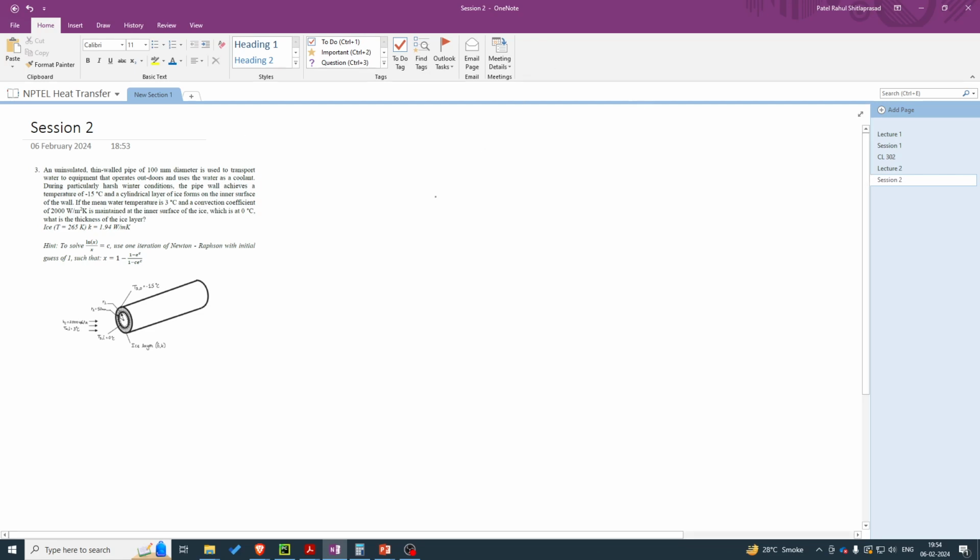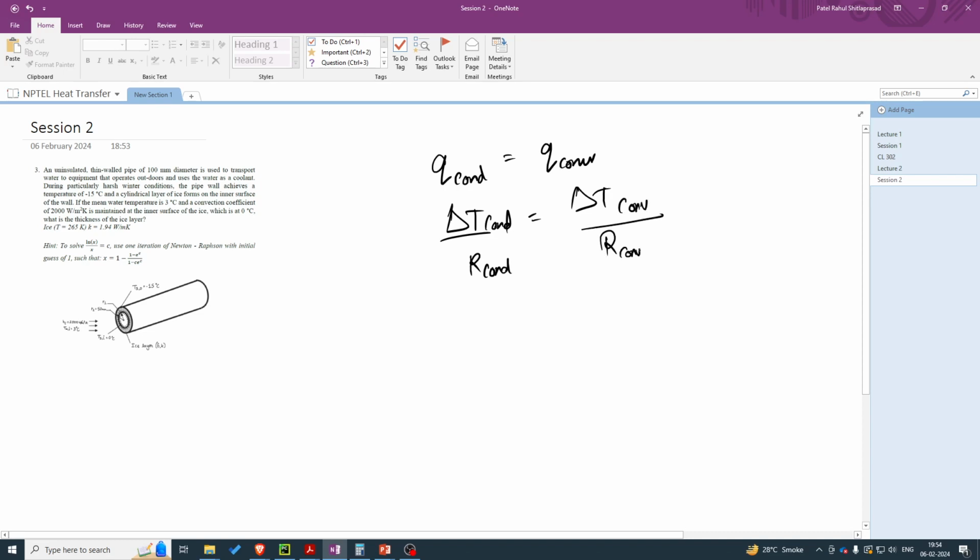As discussed, you had to equate conduction and convection via energy balance, that is Q conduction is equal to Q convection. So Q conduction, you can write as delta T conduction upon R conduction is equal to delta T convection upon R convection.